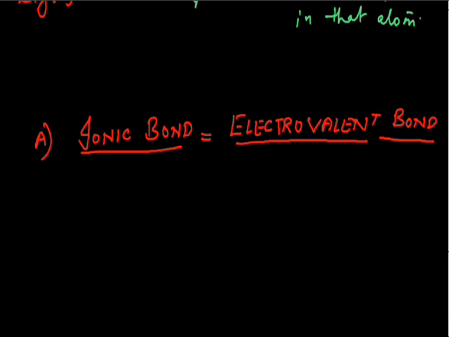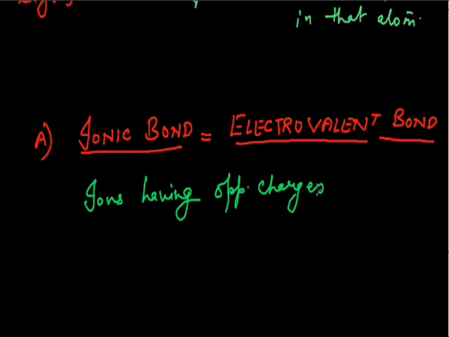As the name indicates, the formation of this bond takes place when the ions having opposite charges interact with each other. This bond is formed by the transference of electrons from one atom to another.